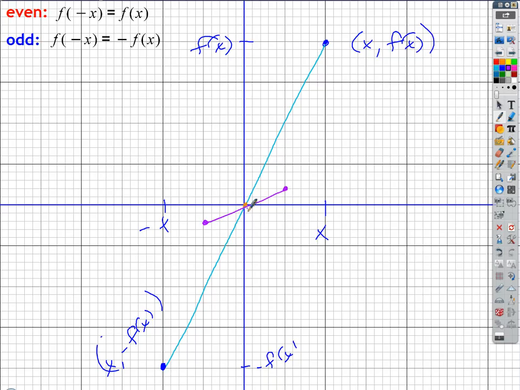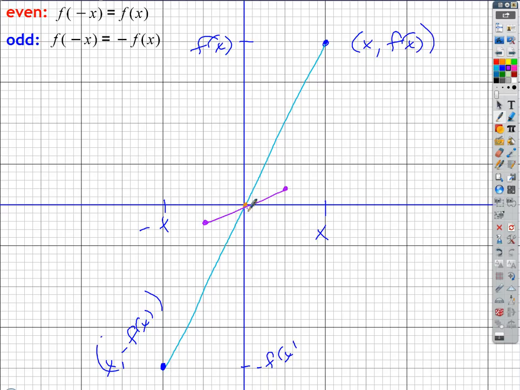Agreed? Do you see that that's not folding symmetry? If I wanted to fold to get this point down to there, I'd probably have to fold the paper like right there, and that's going to be the wrong fold. Point symmetry is not folding symmetry. Point symmetry is spinning, or rotational symmetry.